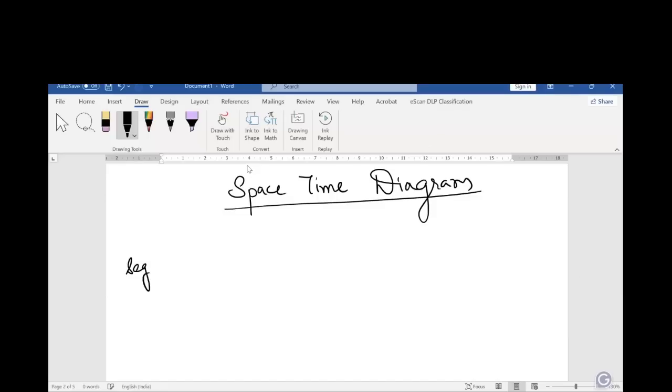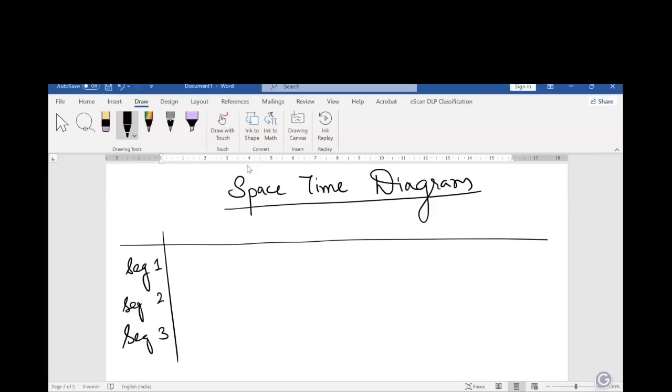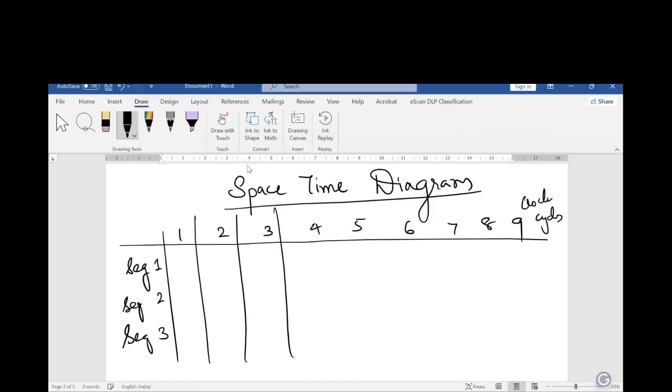You represent the segments on the vertical axis: segment 1, segment 2, segment 3. And on the horizontal axis, you specify the clock cycles 1, 2, 3, 4, 5, 6, 7, 8, 9. Now you need to show it like this.